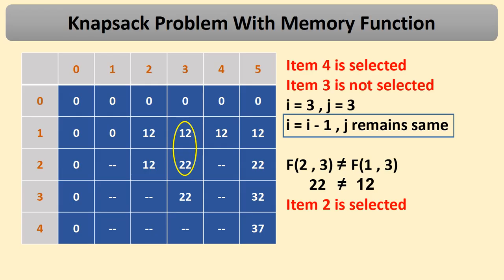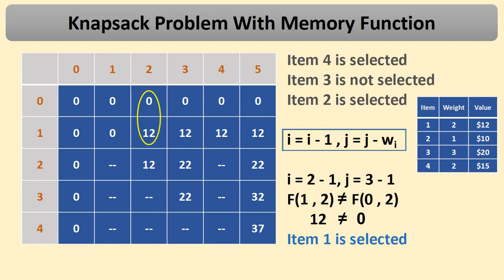Are they equal? No. So if they are not equal, then I can select that particular item. Here i is equal to 2, so item 2 is also selected. So items 2 and 4 got selected, 3 is not selected.